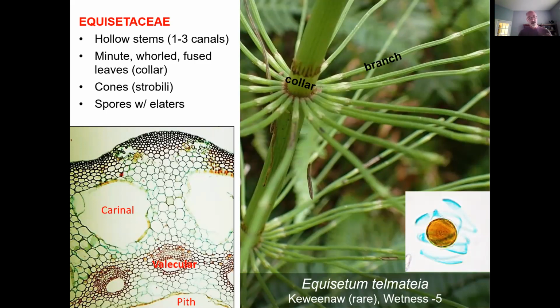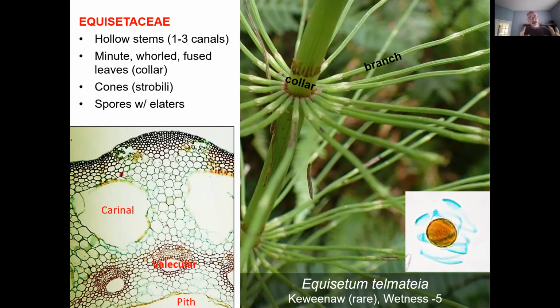One of the distinctive traits for the group is that the stems tend to be hollow with a very large pith canal, which in this microscope slide is just at the bottom edge of the photo. Many species will have two more canals, a canal within the xylem, which is known as the vallecular canal for whatever it's worth.